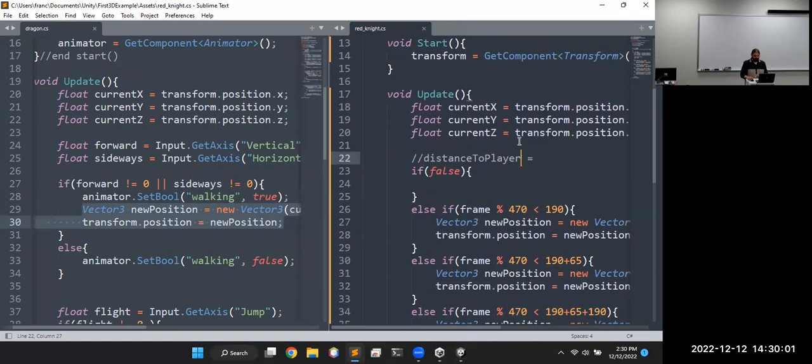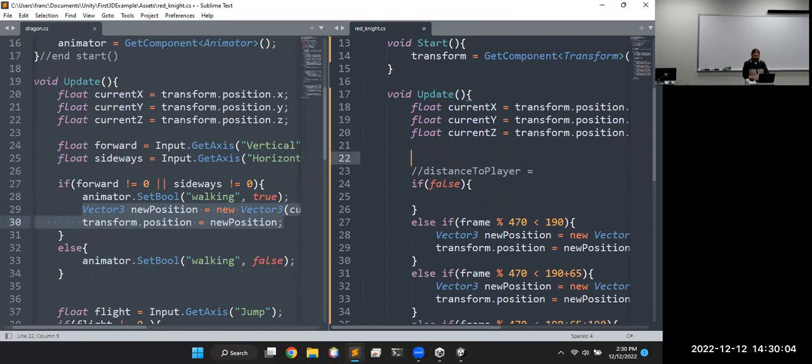So then I'll split this up amongst several lines to make it a little bit easier to work with. Our player also has transform data that we can access, and we already have our current one. So then we just need the other one to find the distance between them.